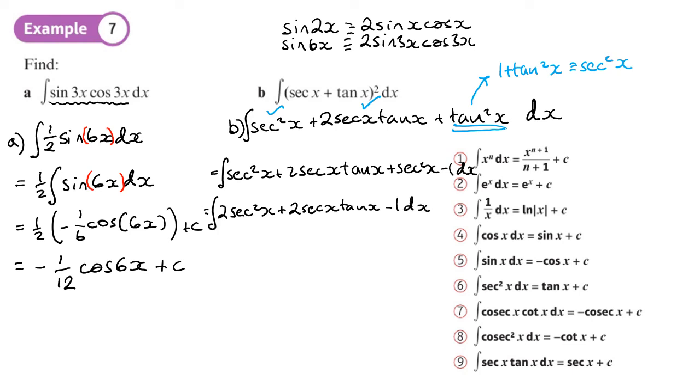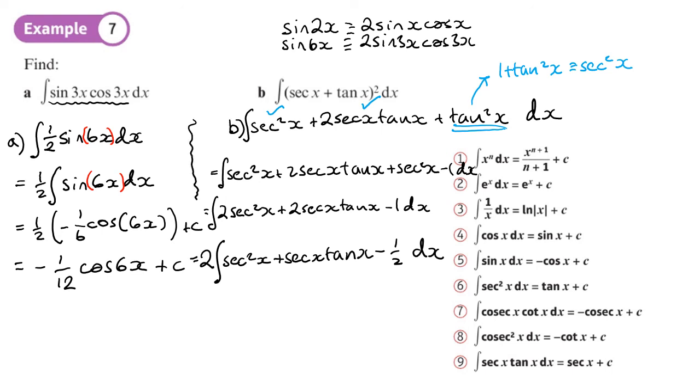Now what I'm going to do is take a 2 over, so you'll see this. If I take the 2 over, I'll have sec squared x plus sec tan x minus a half. See what I've done there? dx.